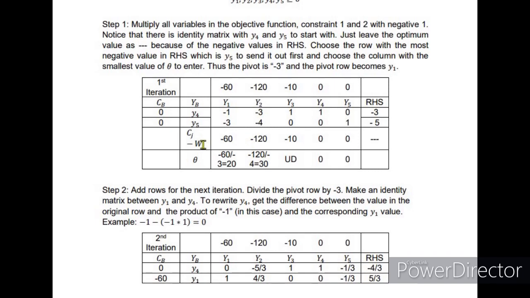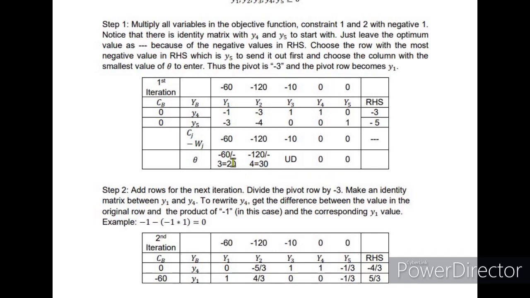This is for us to differentiate the dual simplex from the normal simplex way. So negative 60 divided by negative 3 becomes positive 20. And negative 120 divided by negative 4 becomes what? Positive 30. So which is lower, positive 20 or positive 30?